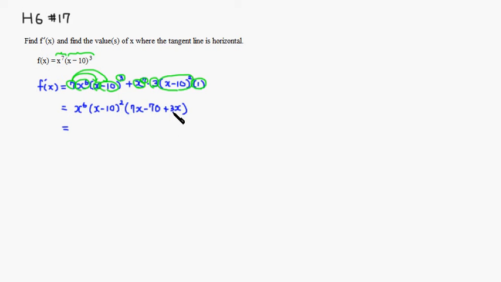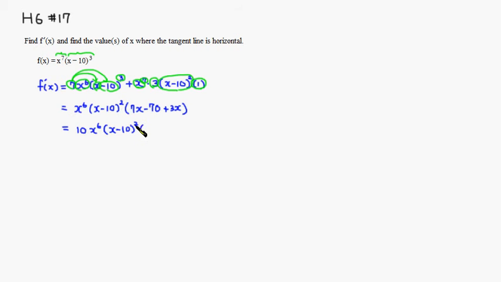So this is actually 10x here minus 70. So we can pull out 10, so 10 out here, x to the 6th power, and quantity x minus 10 squared.